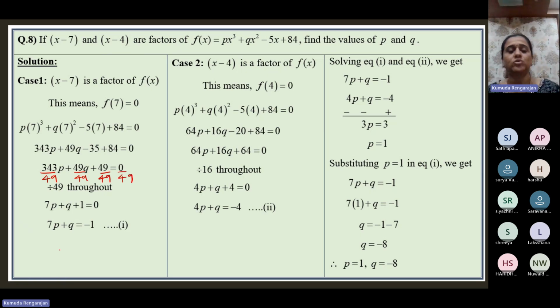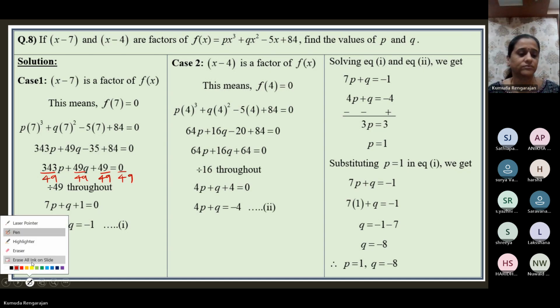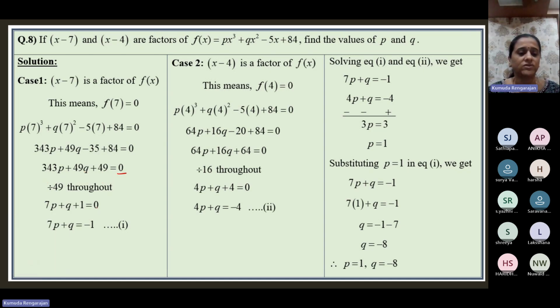Dividing the equation throughout by 49 means dividing every term of the left hand side by 49 and every term of the right hand side by 49. On the right hand side, we have only 0, so 0 by 49 is 0. 49 by 49 is 1. 49q by 49 is q.